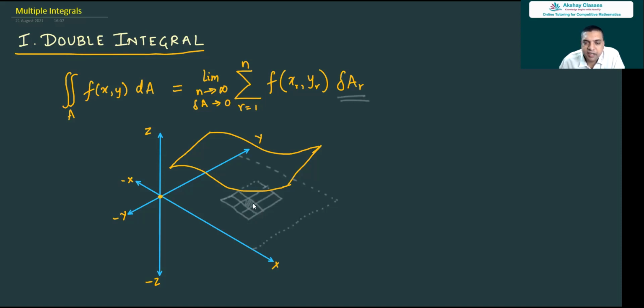And this is the area under consideration, delta A. Now, corresponding to this, there will be some function values here on the curve, corresponding to this point here. I will mark them in this color.